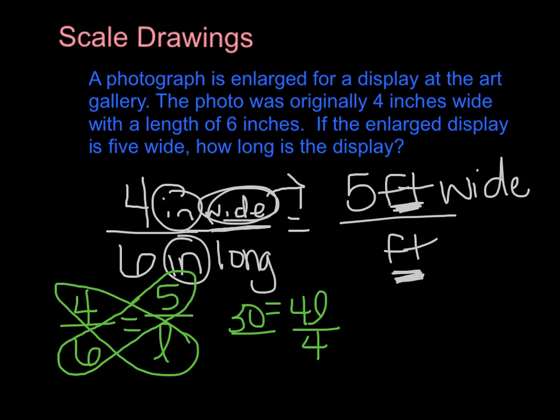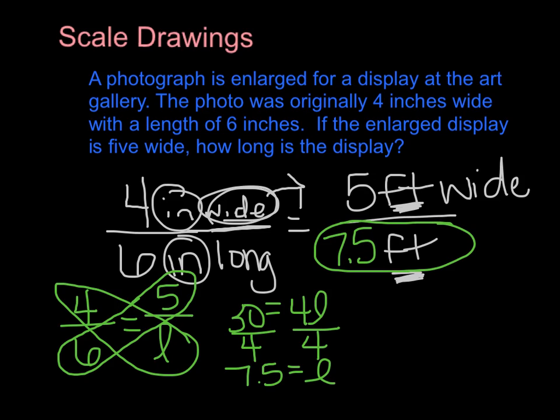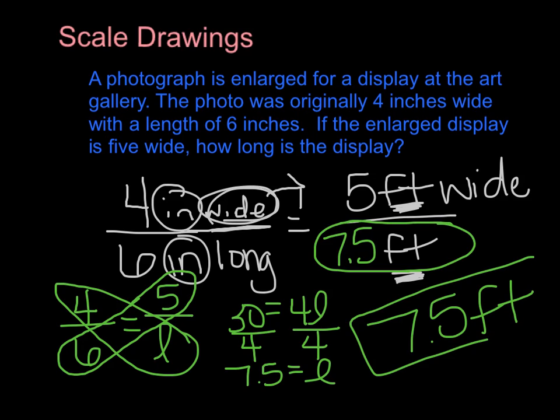Divide by 4. And 4 goes into 30 7.5 times. So the length would have to be 7.5 feet. And you know that label because it had to match. So the length of that display at the art gallery would be 7.5 feet. Again, just use proportions and be consistent with when you set them up.